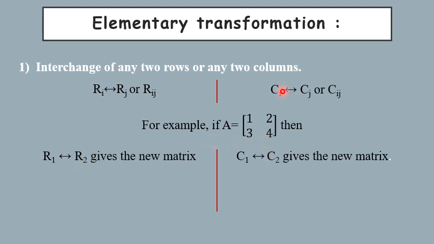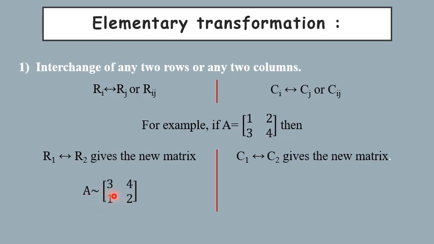So here we have to interchange the first row 1 2 with the second row 3 4. That means we replace 1 by 3 and 2 by 4. So the new matrix will be this one: the first row is 3 4 and the second row is 1 2, and this is read as A equivalent to this matrix.